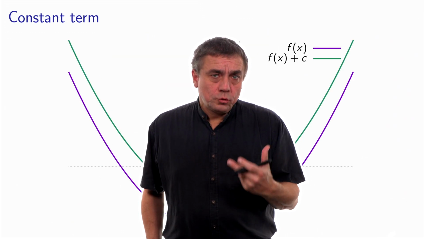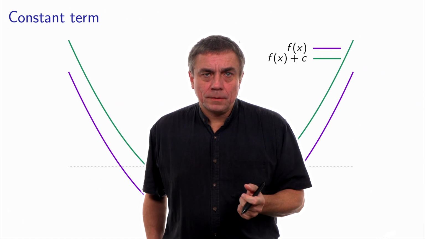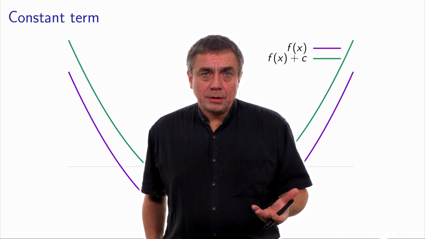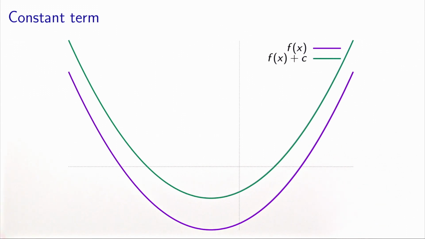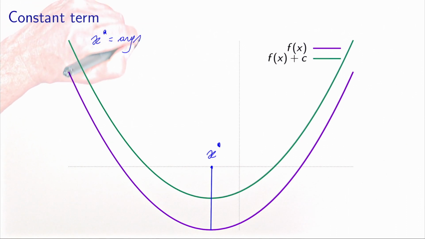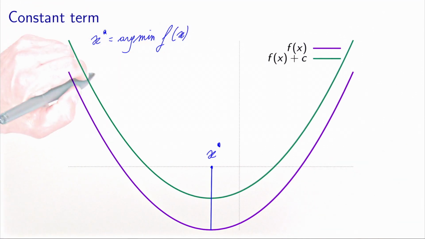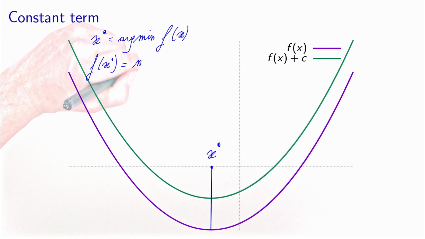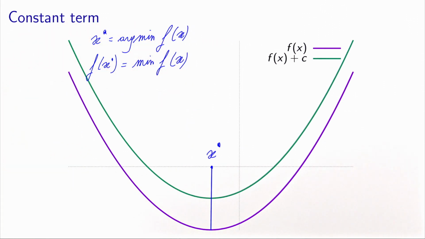In optimization, if you add a constant to the objective function, it doesn't change the optimal solution. In this example, assume that I minimize the function f of x. The solution is x star, and its value is f of x star. Now consider the function f of x plus c, a constant. From a geometrical point of view, this function is actually shifted above or below depending on the sign of the constant.